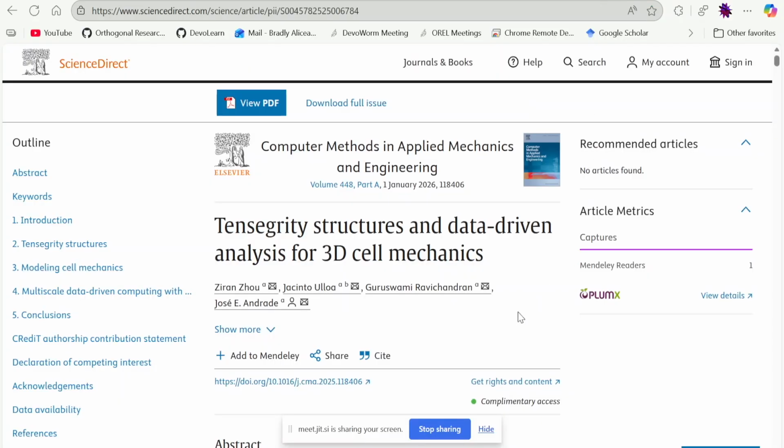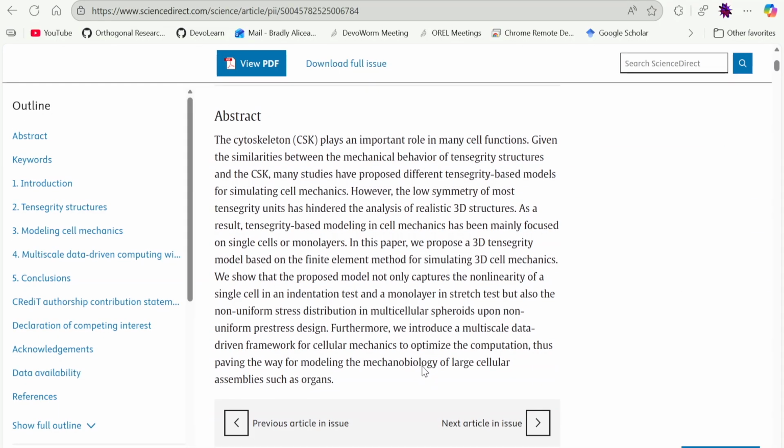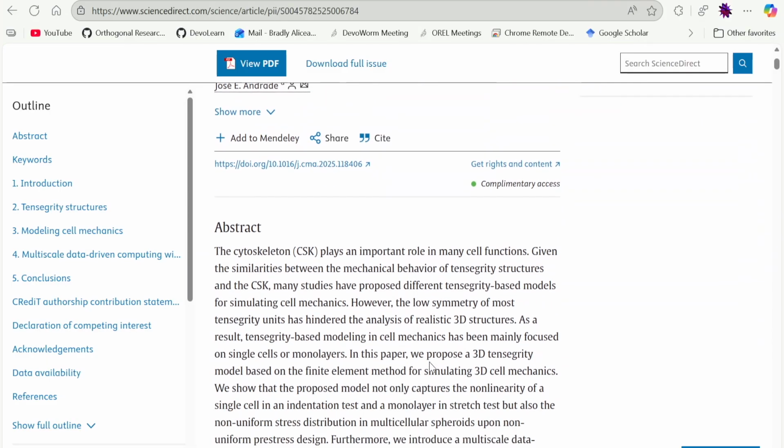All right. So this is Computer Methods in Applied Mechanics and Engineering. So this is in January 2026. Apparently they're already there in the future. This paper goes over different tensegrity structures, and then they're analyzing this, and they're looking at 3D cell mechanics.